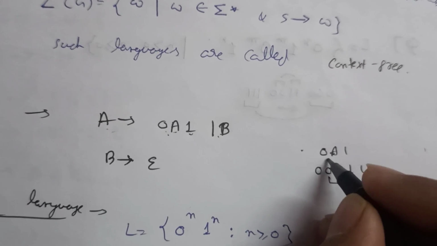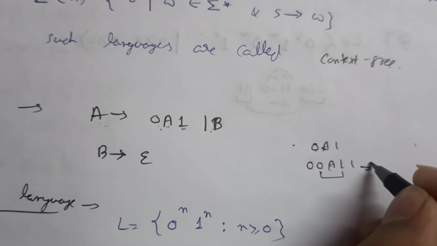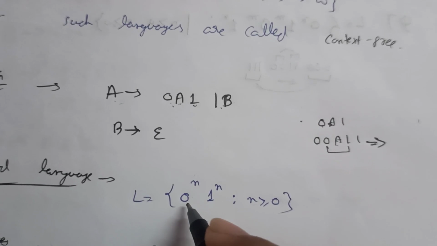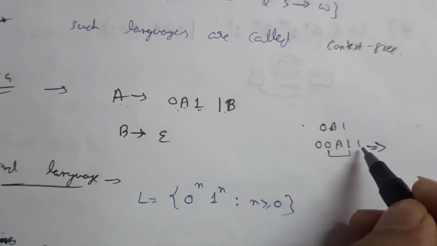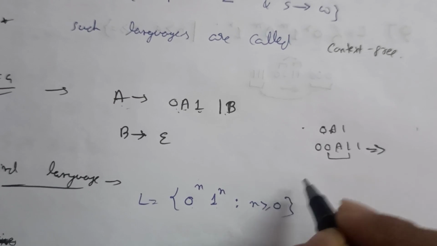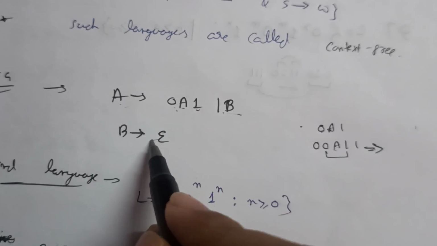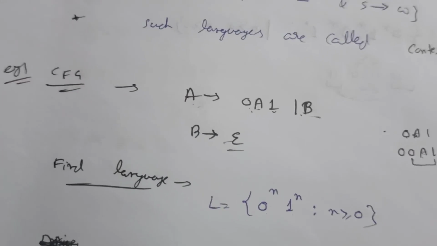So the number of zeros on the left and the number of ones on the right are always the same. Our language will be: the number of zeros and ones are the same, so there is no zero after a 1. That is, 0 to the power n, 1 to the power n, where n is greater than or equal to 0. It can also be 0 when A to B and B to null type production rules are followed.